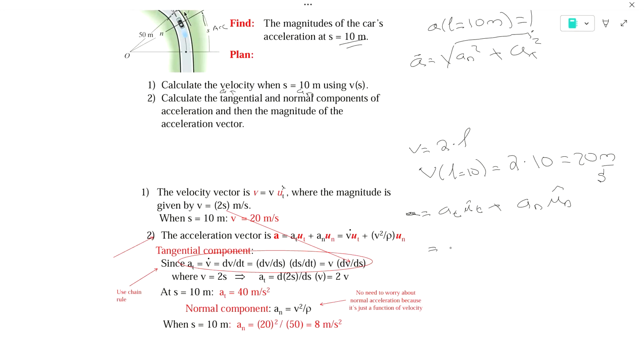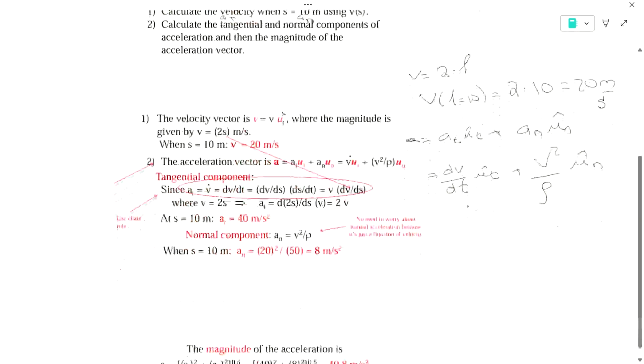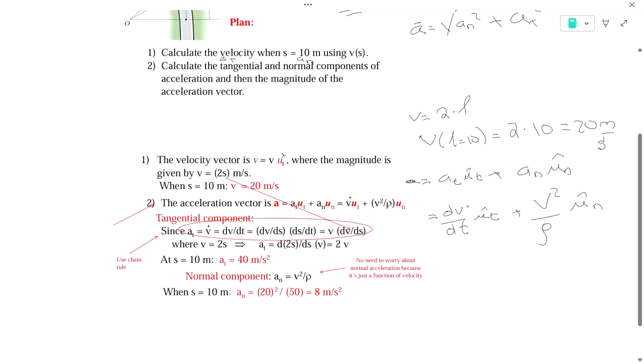This is the same as dv/dt, unit vector tangentially, plus v squared divided by rho, unit vector in the normal direction. If you notice, we don't have the dv/dt, and that's really the only complication in this problem. It's a matter of finding the dv/dt term.